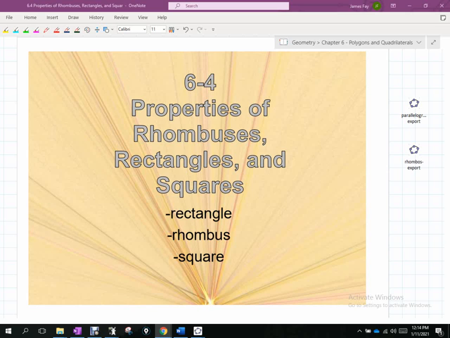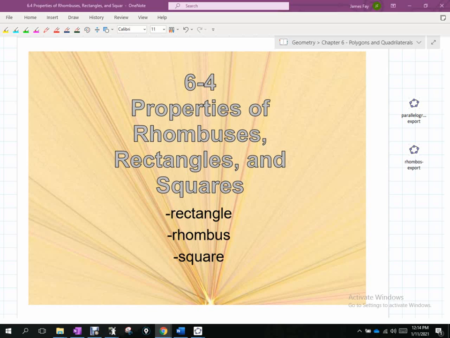So not only was it a parallelogram because both pairs of opposite sides were congruent, but it had an added feature that all sides were congruent. So it's better classified as a rhombus instead of just a parallelogram.